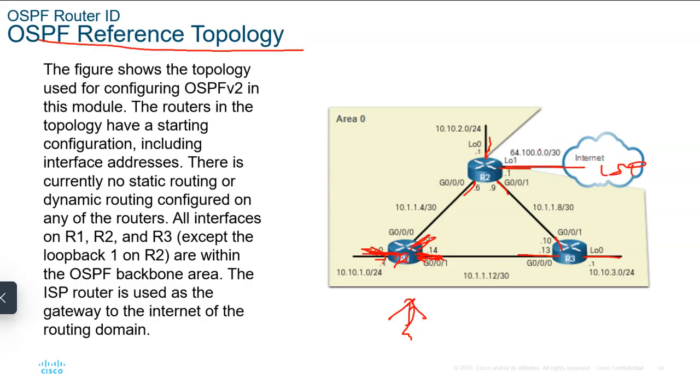And then we have this, but all of this, when you look at it from here and then back out, is in area 0. So we're going to keep on referencing this topology.